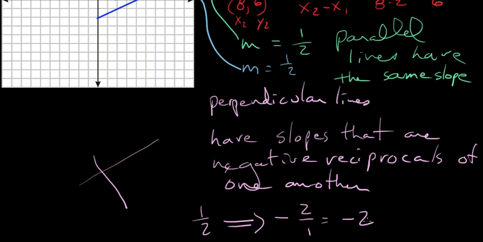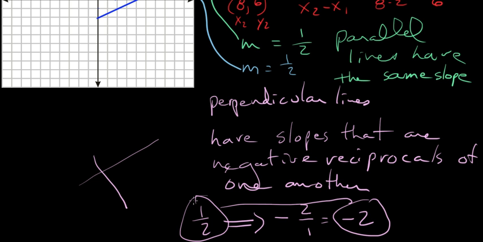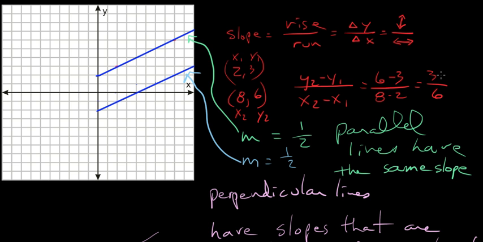So negative 2 over 1 equals negative 2. If I have two lines that have slopes of 1/2 and negative 2, these lines are going to be perpendicular. Just to show you what I'm talking about, let's try a line on the coordinate plane here. They're going to go down 2 and over 1, down 2 and over 1.